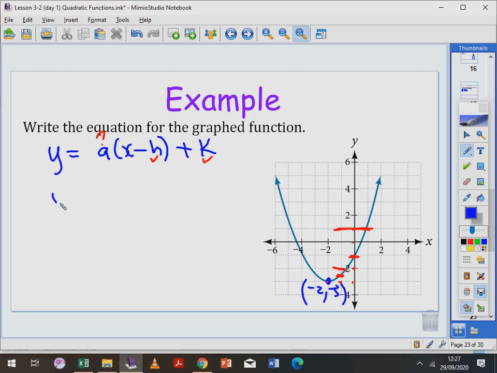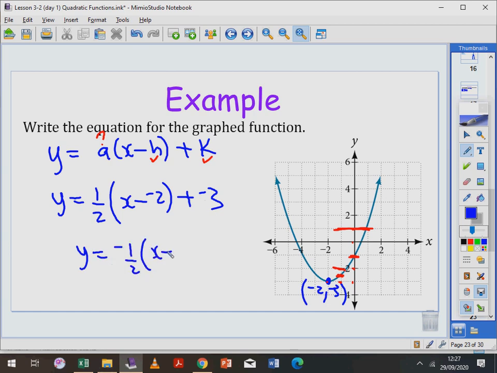So my equation will be half of (x minus h, which is -2) squared, plus k, which is -3. I can write it as half (x plus 2) squared, minus 3. So that's your equation of that graph.